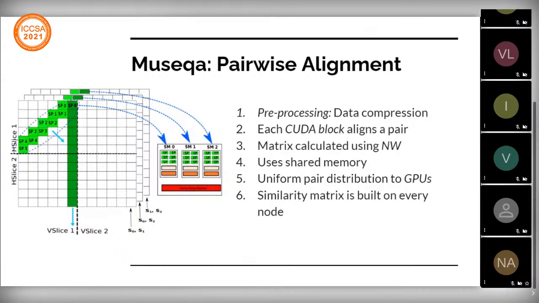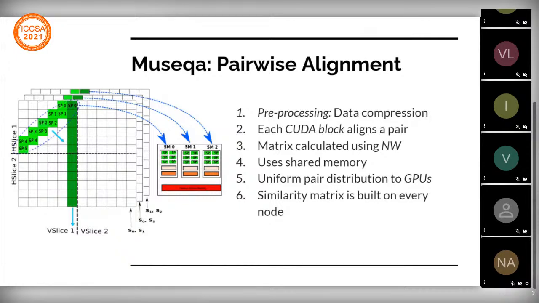Then each GPU aligns many pairs at the same time. In a GPU, we have something called blocks, which are groups of threads that work in a SIMD fashion, so single instruction, multiple data. These threads, these cores, are literally hardware cores.